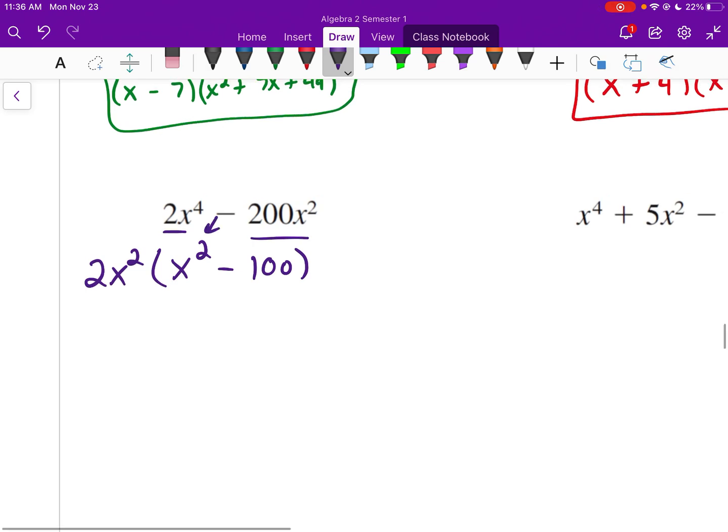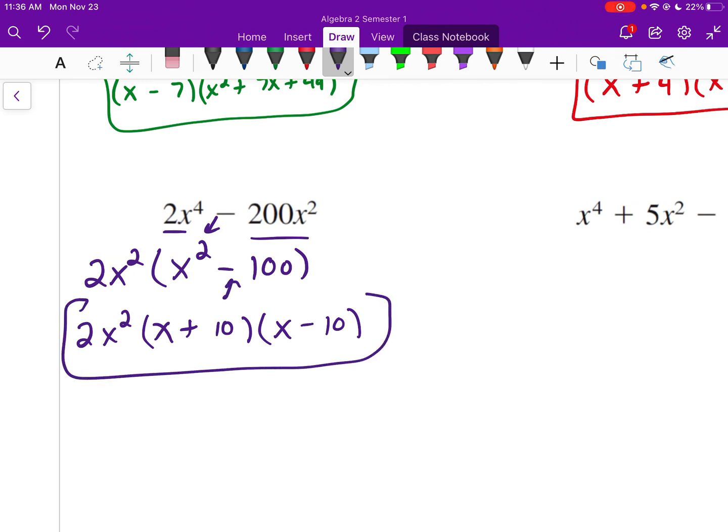So from there, I notice that I can probably factor that further due to x squared being in there. So 2x squared, and then what am I squaring to get x squared? I'm squaring x. What am I squaring to get 100? I'm squaring 10. And again, plus, minus for that difference of squares inside the parentheses there.